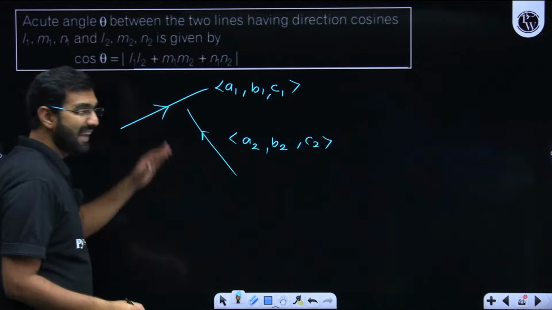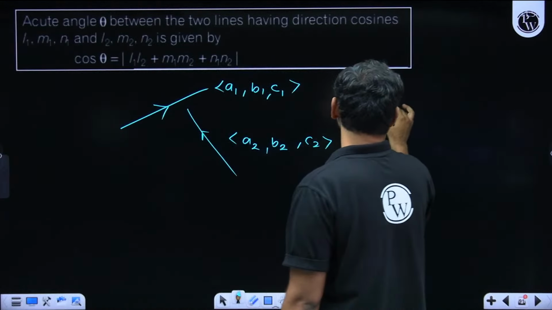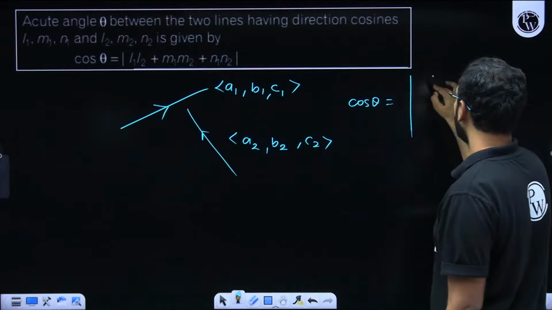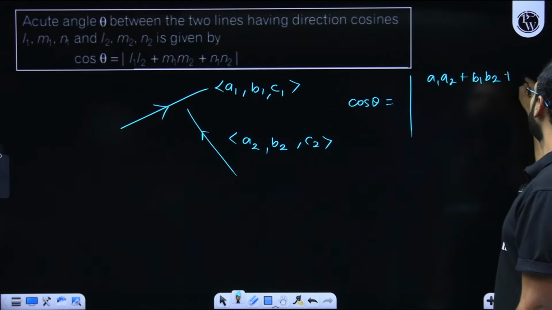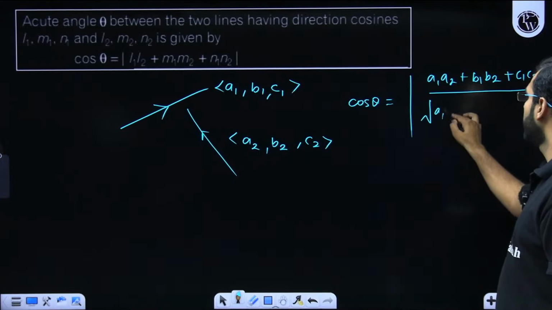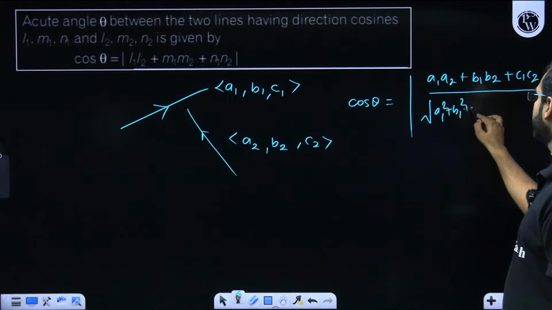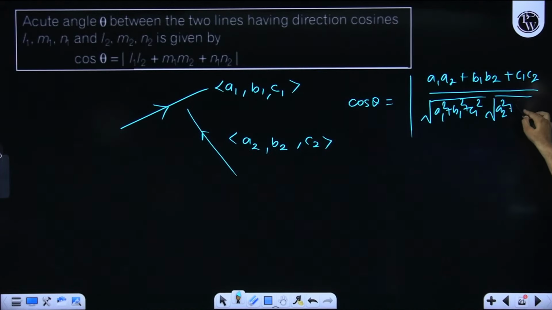In that case, the angle between these two vectors, cos theta is given by A1, A2 plus B1, B2 plus C1, C2 divided by under root over A1 square plus B1 square plus C1 square times under root over A2 square plus B2 square plus C2 square.